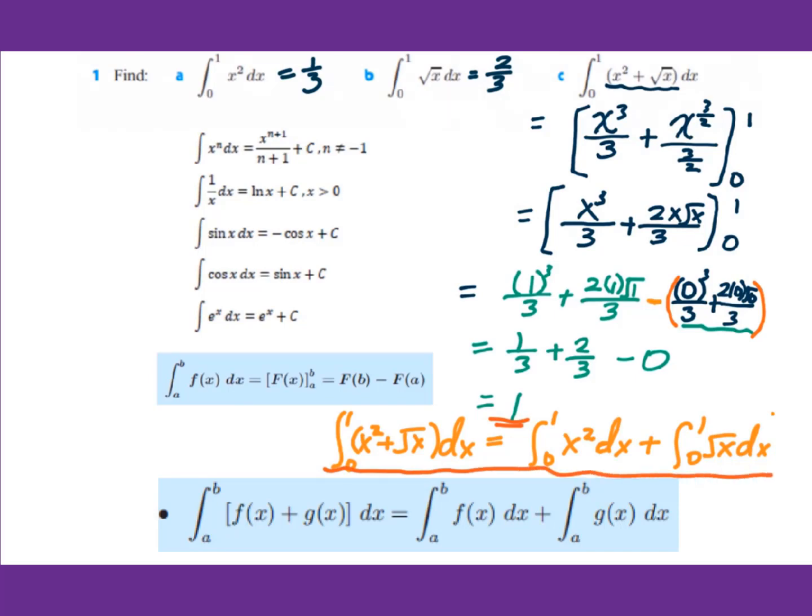In other words, like an indefinite integral, the definite integral of f of x plus g of x from a to b equals the definite integral of f of x from a to b plus the definite integral of g of x from a to b.